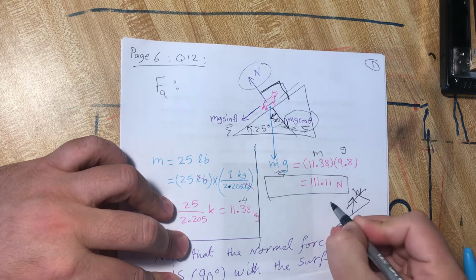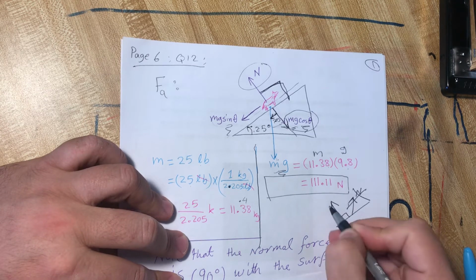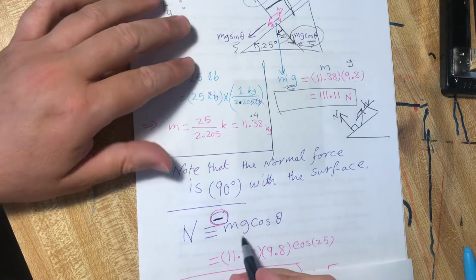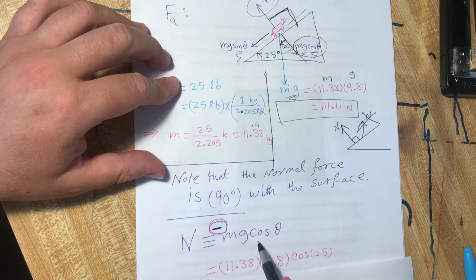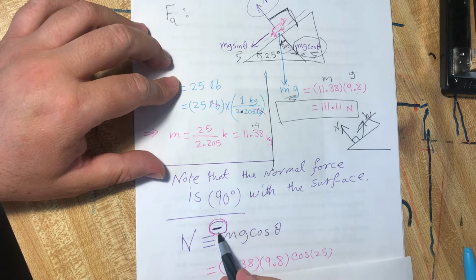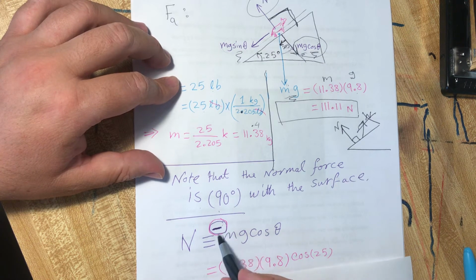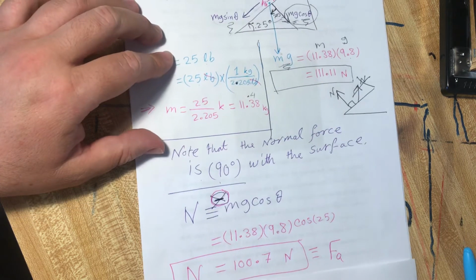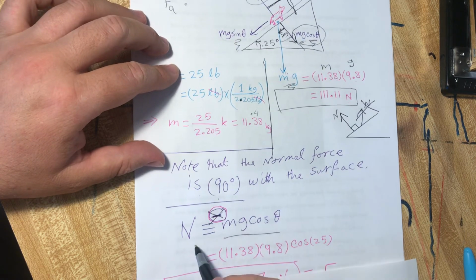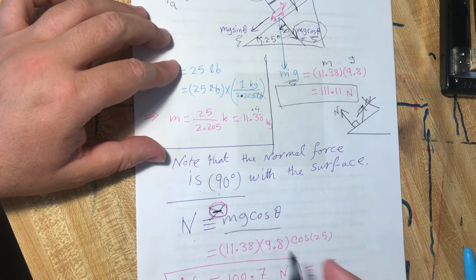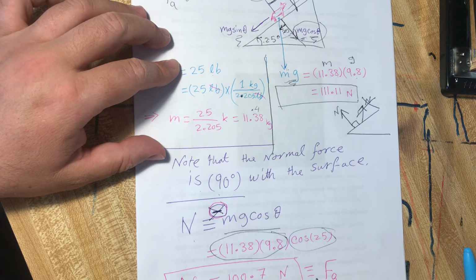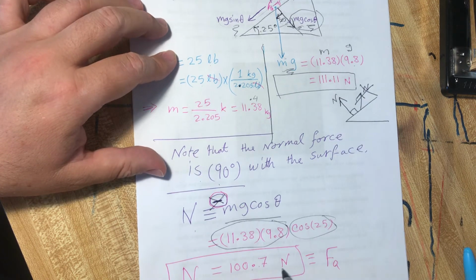It will be at 90 degrees. And it is equal to mg cosine theta, with a negative sign to tell us about the direction, but we need just the magnitude, so we don't need the sign. The magnitude of this normal force is the weight multiplied by cosine 25, which is 100.7 newtons. This is the first force.